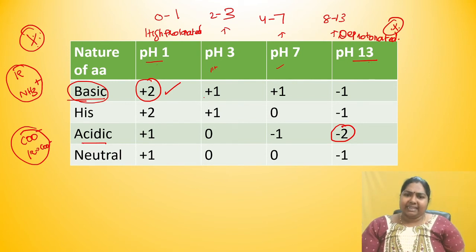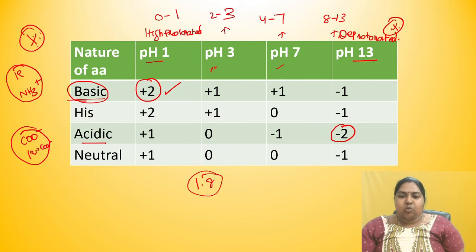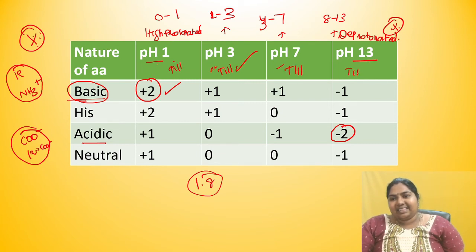For example, in your exam, a question comes that your pH is 1.8. Which column will you refer to? It is 1.8, so you will come after 1, and it falls in this column. Till 1, you look here; till 3, you look here; till 7, here; and till 13, here.